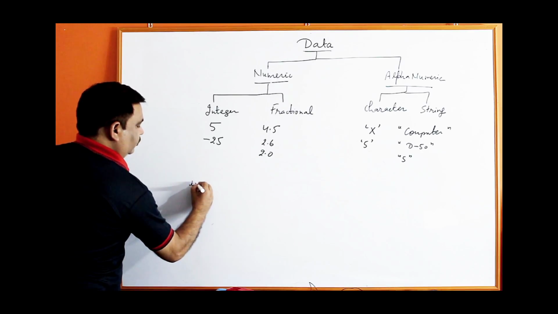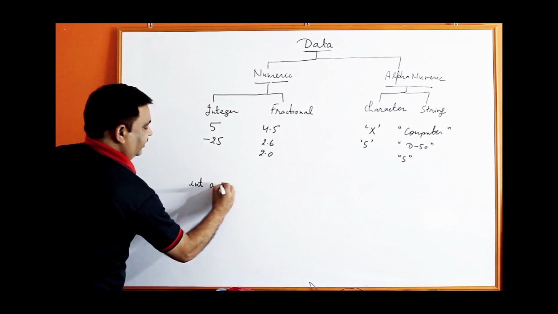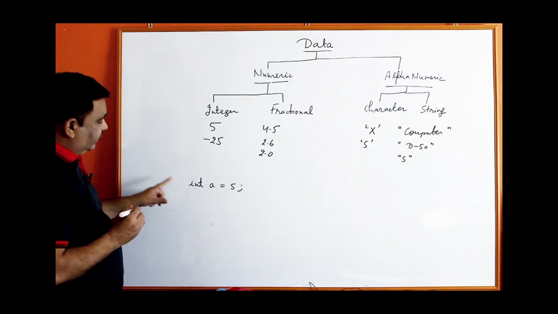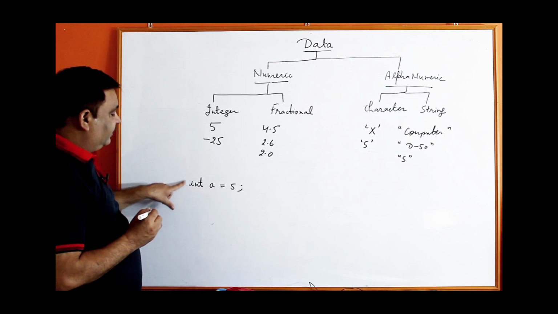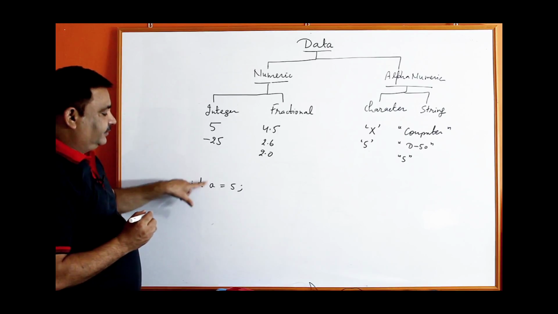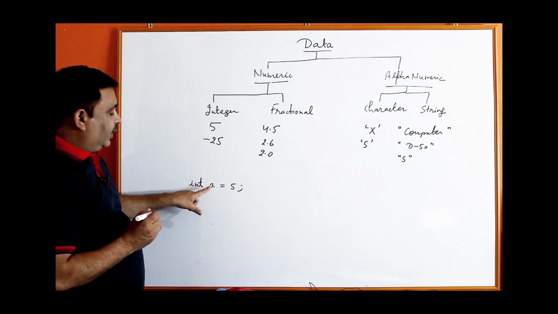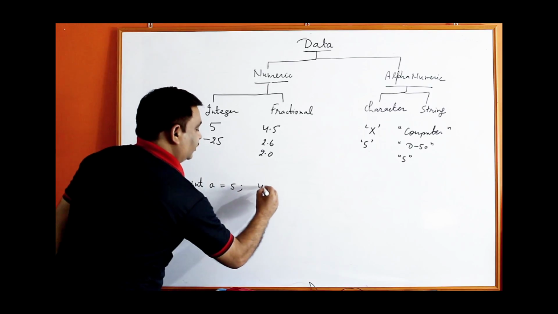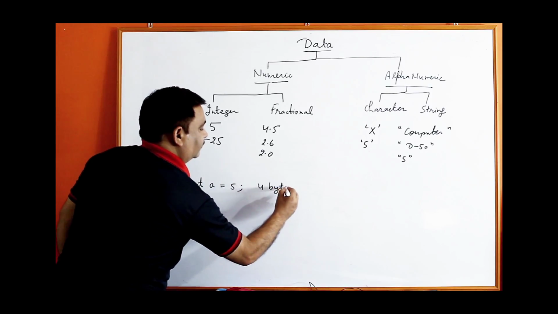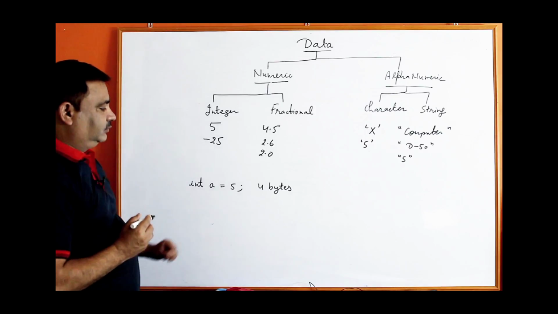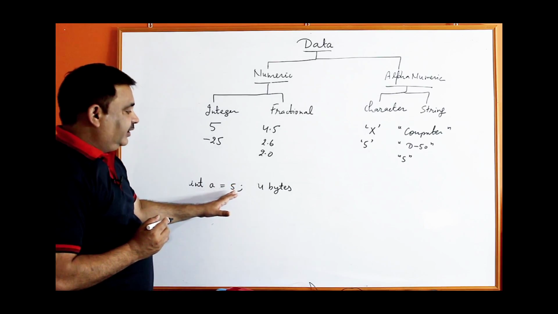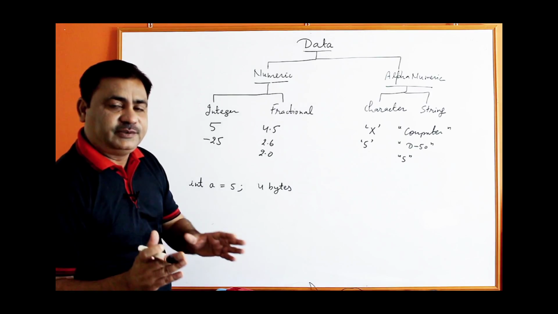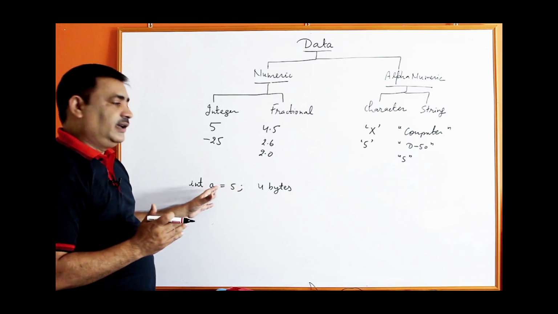int, which we commonly use. We write int a equal to 5. So integer type data is declared with the keyword int. One integer variable occupies 4 bytes of memory, and the range is about 9 digits. A 9-digit number is the maximum you can store in such a variable.